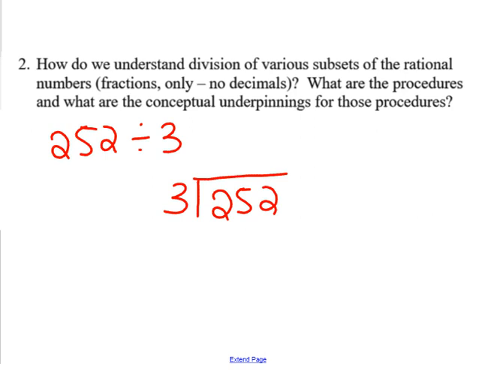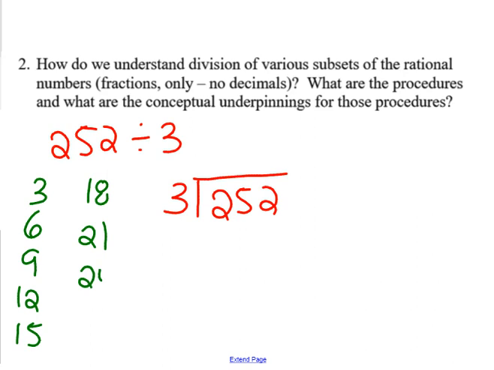So I like to think of my 3 multiplication tables. We're going to have 3, 6, 9, 12, 15, 18, 21, 24, 27, and so on and so forth. So if you know your basic multiplication table, you can solve pretty much any higher level division problem.